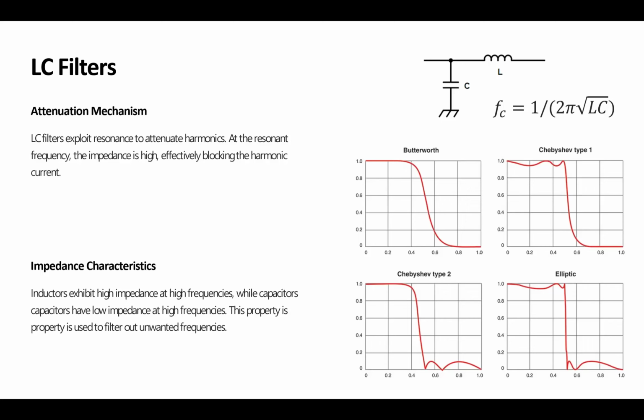Now, the first type was the LC filter. An LC filter is considered a second order filter. Why second order? Anyone know how you count the order of a filter? Why is LC second order? When we talk about passive components, we have RLC.